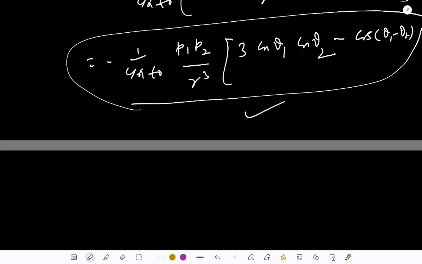And if theta 1 is equal to 0 and theta 2 equals pi by 2, what will be the result? You can take it.